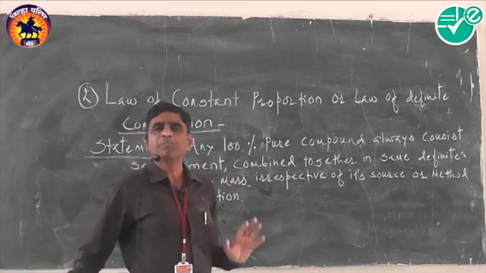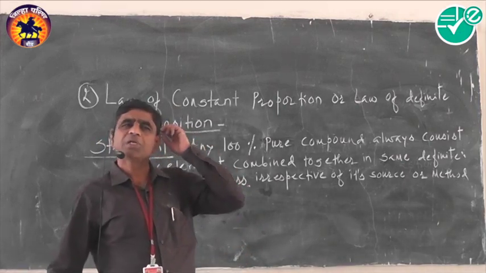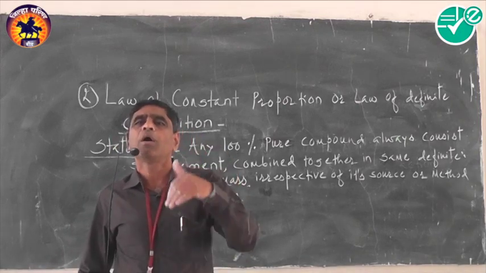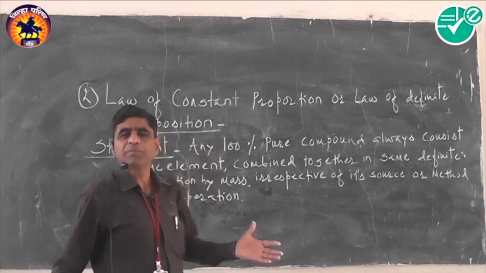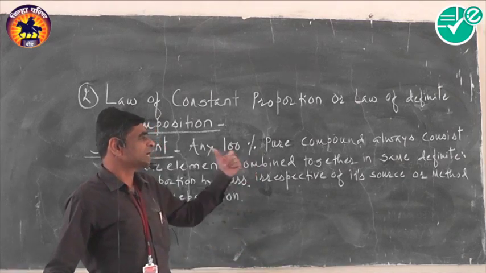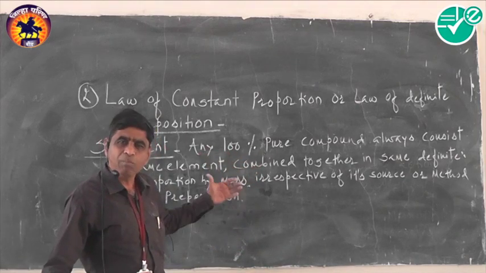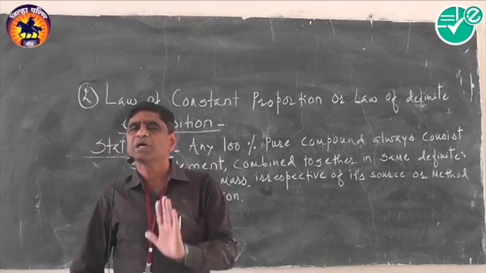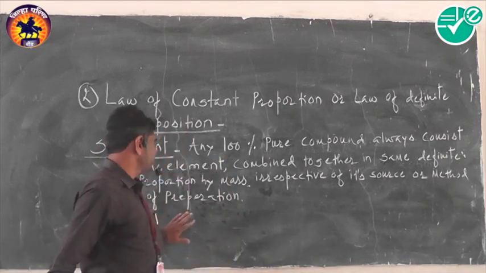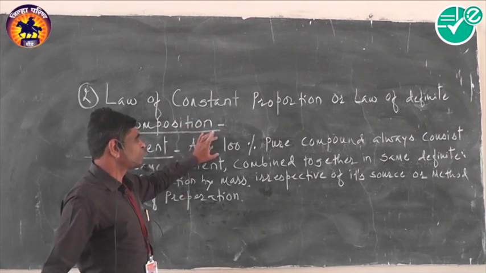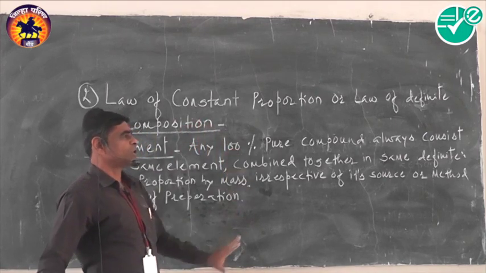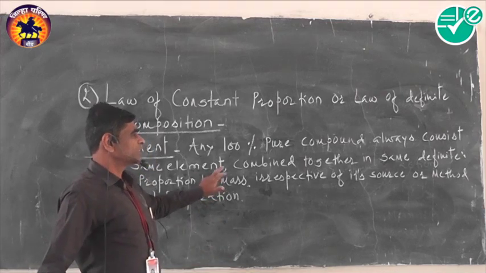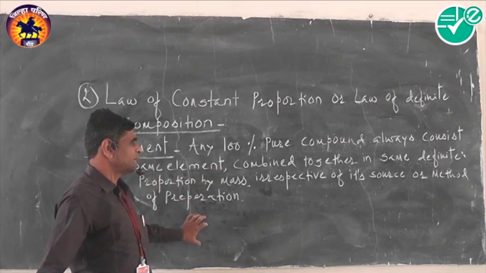You know that a compound is formed by the union of at least two or more atoms of different elements, and when these atoms of different elements combine, always remember they combine in a fixed mass. And thus, according to the law of constant proportion, any pure compound always consists of the same elements combined together in the same definite proportion by mass.